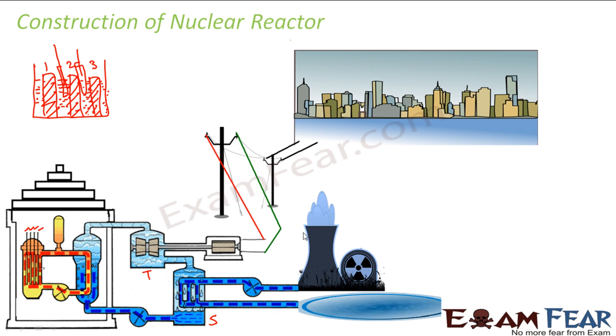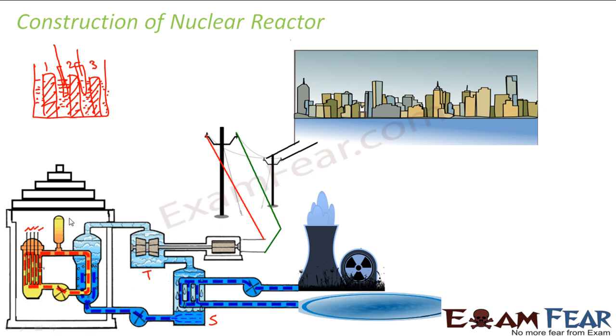So this process will keep on continuing as long as the uranium-235 on the rods does not finish, because the rods are made up of uranium-235. Gradually the uranium-235 is decaying, right? So the amount of uranium-235 will keep reducing with time. Now a time will come when all the uranium-235 on the rods will get over.